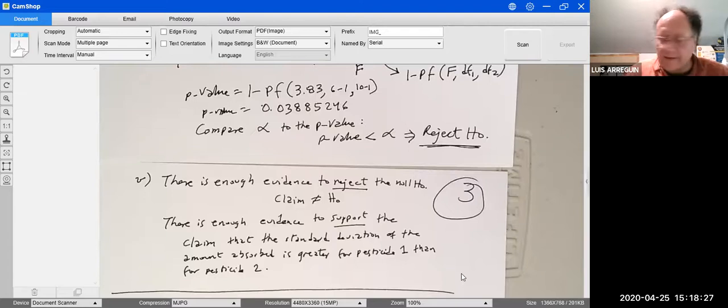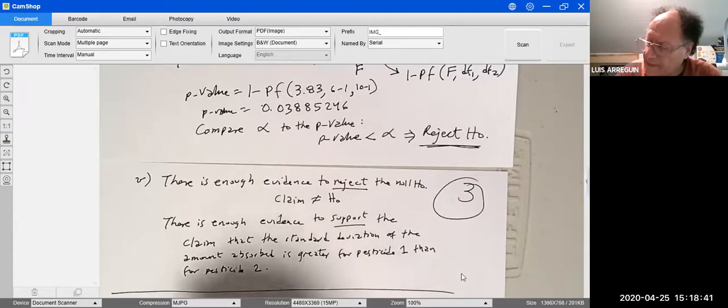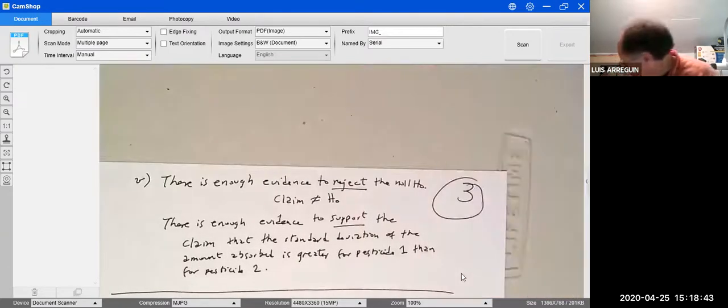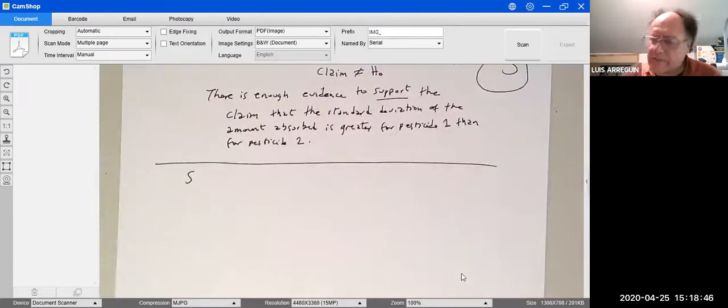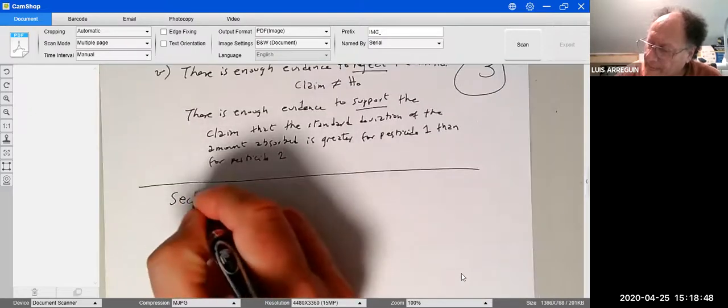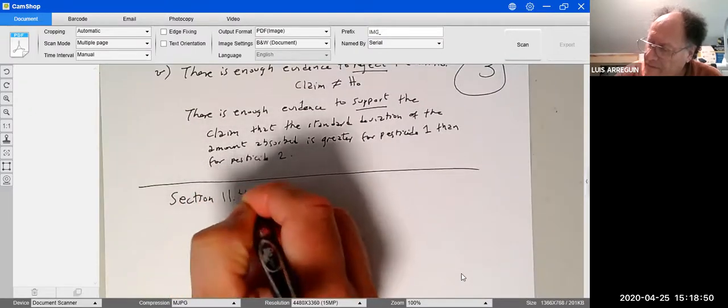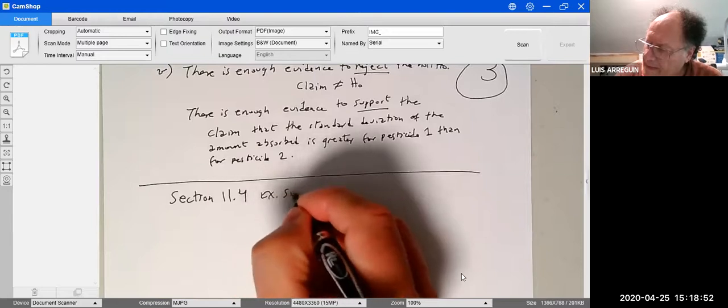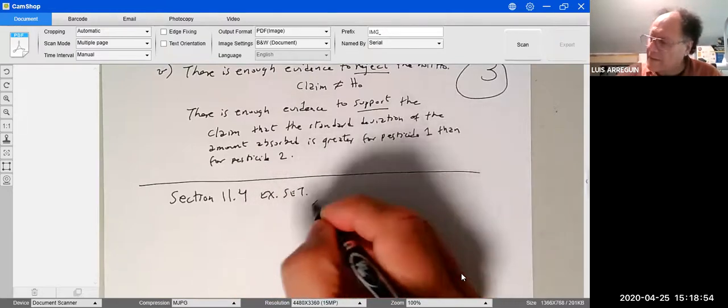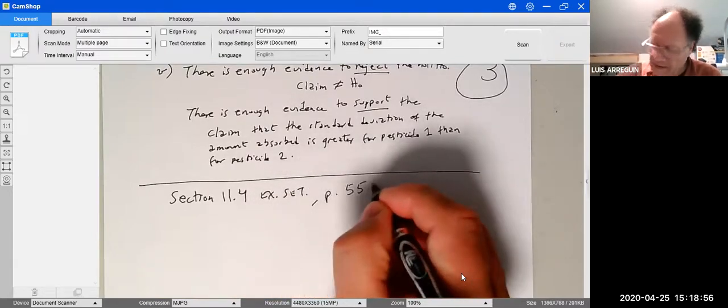So now you're going to work on a couple of problems from the exercise set, and with that we're going to finish this chapter. So this is from section 11.4, exercise set on page 559.